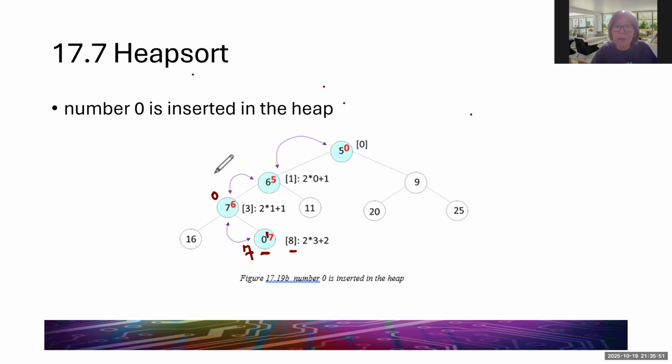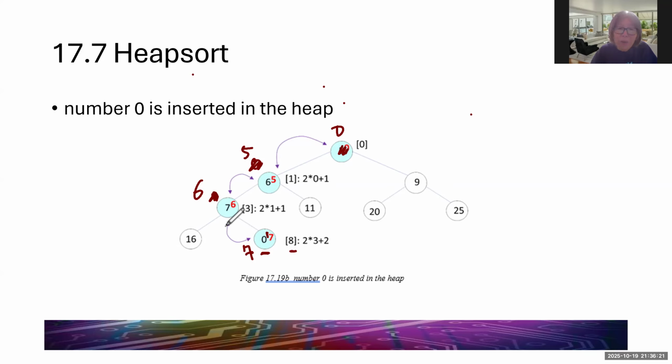Then we need to compare with its parent. We can see it's still less than, so we move 6 down here and put 0 here. Then we compare with its parent. It's still less than, so we put 5 here and put 0 here. Now if you check, every node meets that condition.